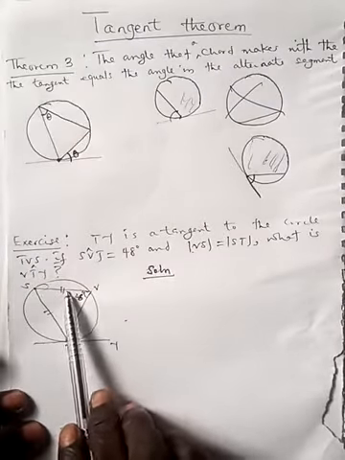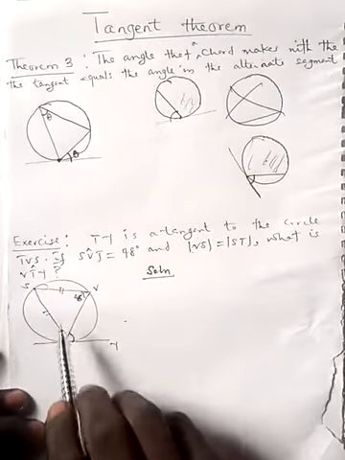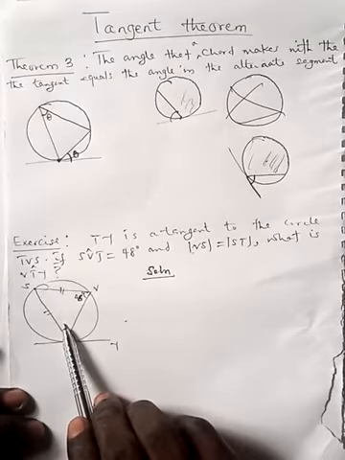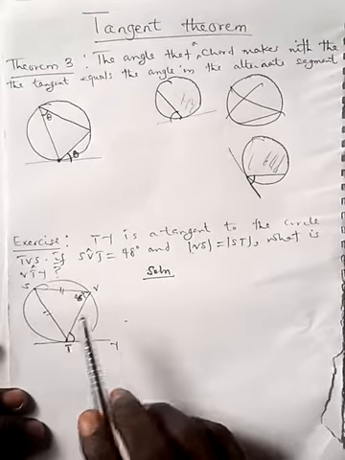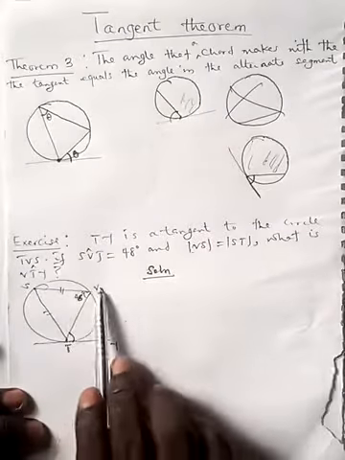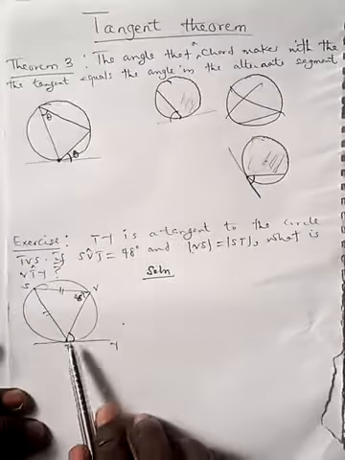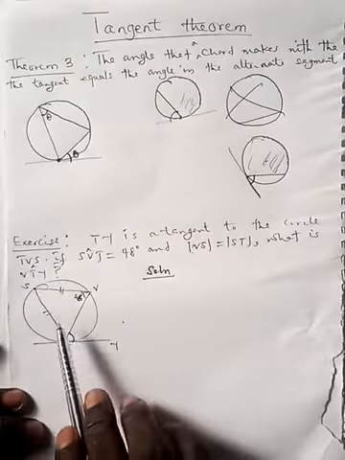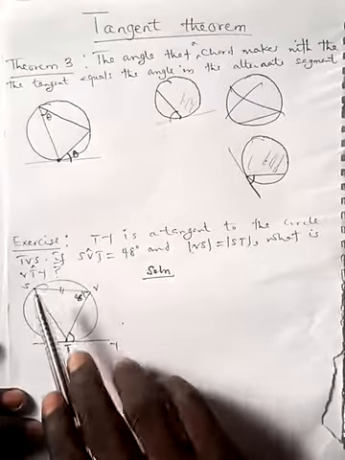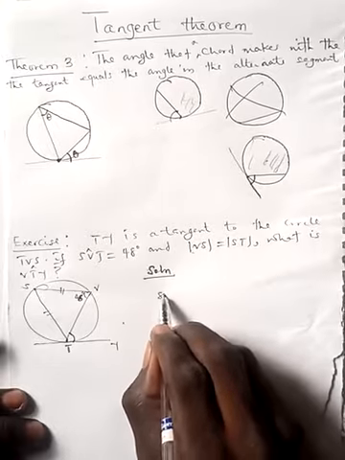And because this is an isosceles triangle, the base angles of an isosceles triangle must be the same. Meaning that SVT, this angle, must be equal to STV, this very angle, because these are the base angles of this isosceles triangle.